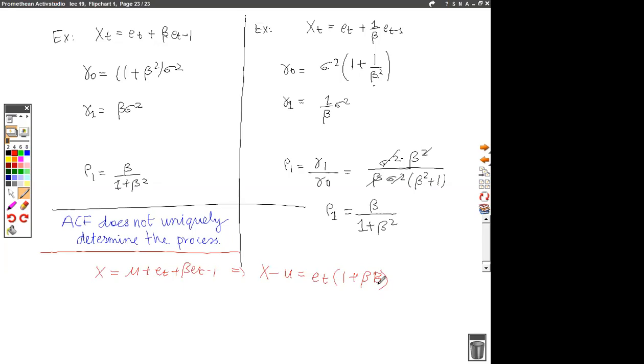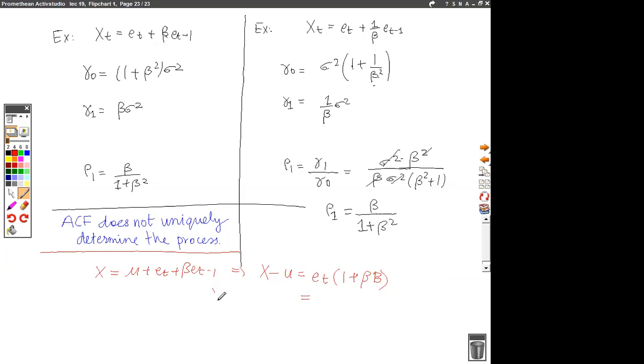So now if I want to figure out my et, what I can do is apply the inverse, and I can multiply and divide that inverse on both sides.